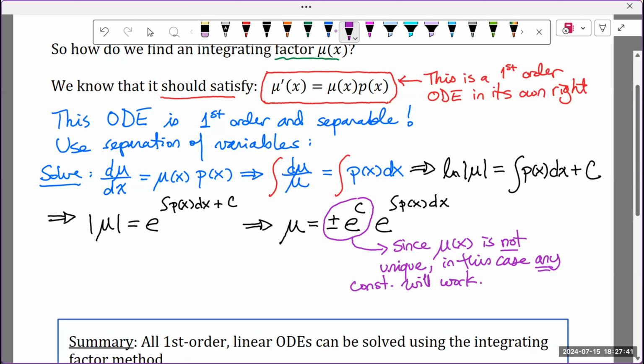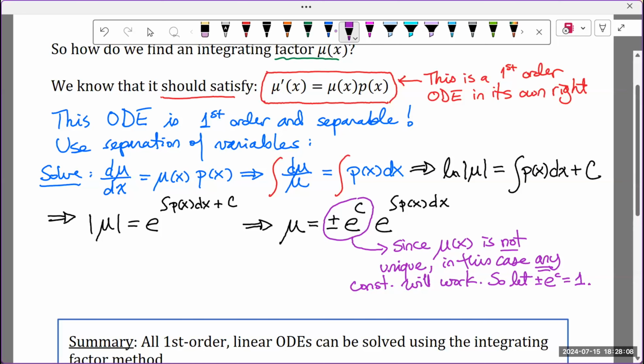Now remember, why is that? Because we don't actually have an initial condition or boundary condition to impose here. We're just looking for a general family of solutions. And so choose one useful solution from that general family of solutions, and the one I want to choose has a 1 in front. So we're going to let e to the c just be 1. In other words, choose a c that makes that equal to 1.